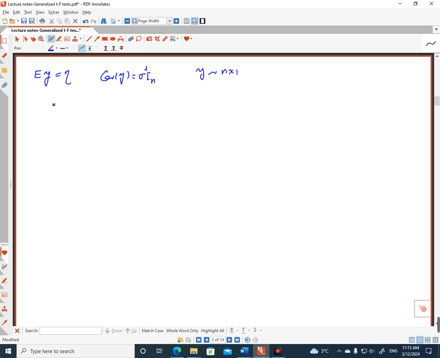So I can construct this quadratic form: y minus eta transpose, the variance covariance matrix inverse, and then y minus eta. Based on lemma 3, it has a chi-square distribution with n degrees of freedom. And if I simplify it, you can write it as y minus eta transpose y minus eta, and it has a chi-square distribution with n degrees of freedom.